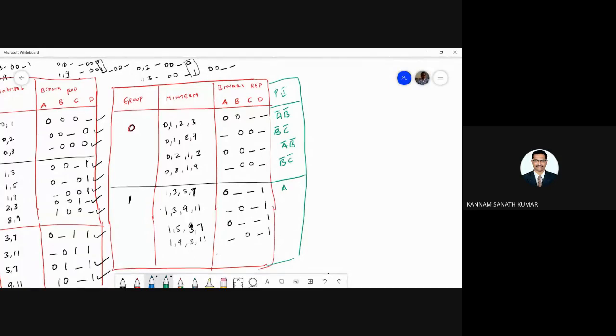And A bar, D, and next B bar, D. This one is A bar, D, and B bar, D bar. Previously, 14 is not checked, so this is also one prime implicant. You can write this as A, B, C, D bar.